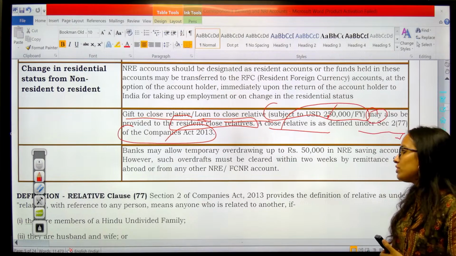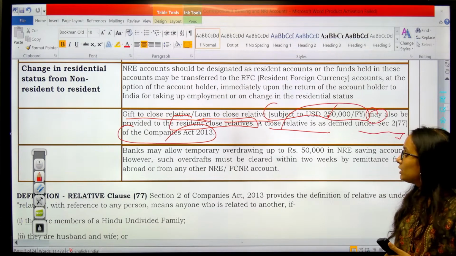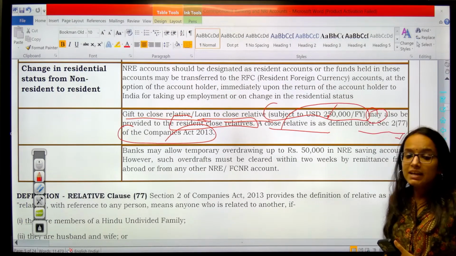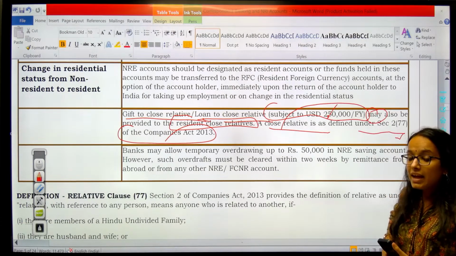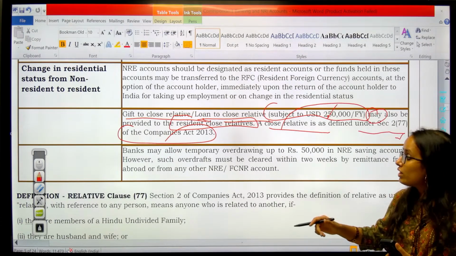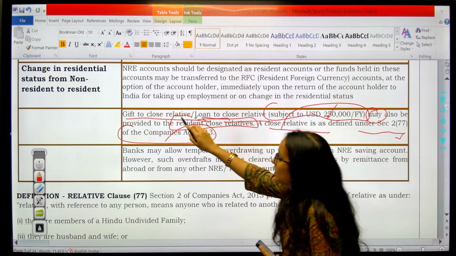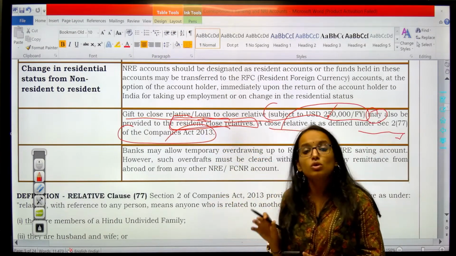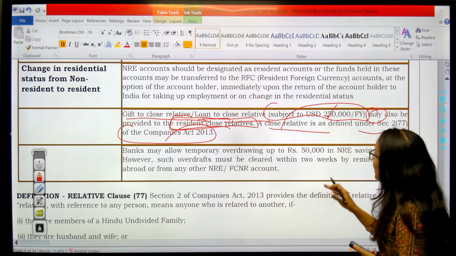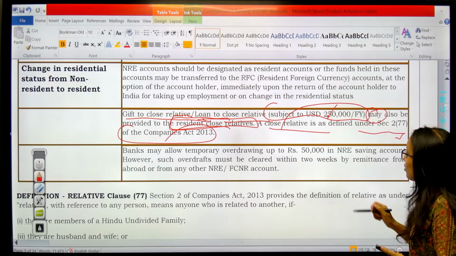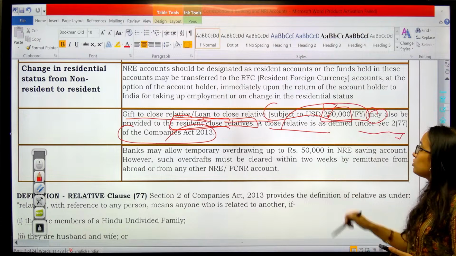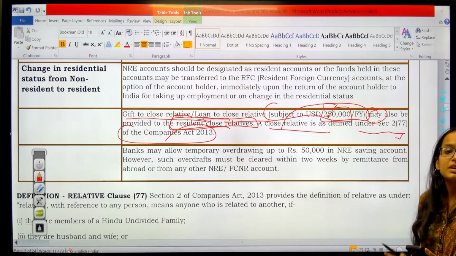Another important provision is that any gift by that NRE account holder, or any loan to his resident close relative, can be done subject to how much amount? 2,50,000 US dollars per financial year.